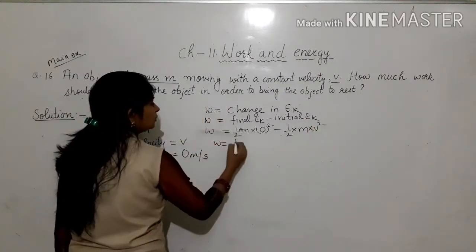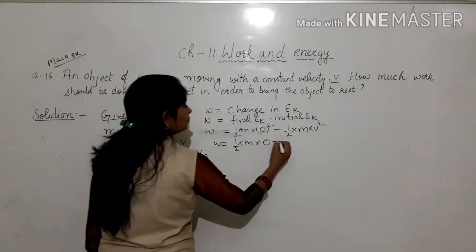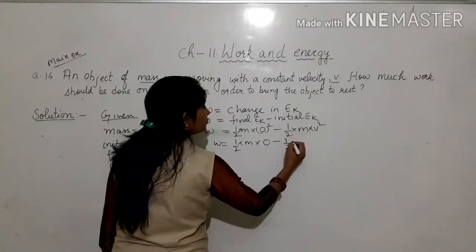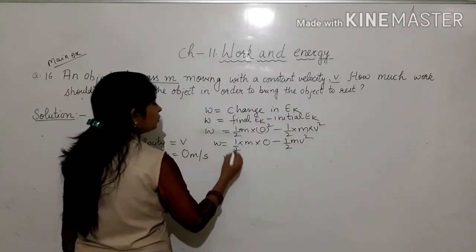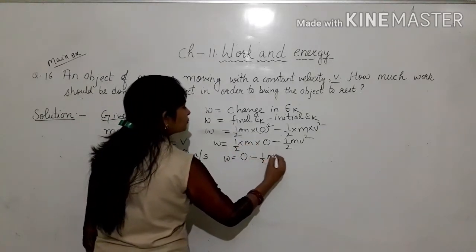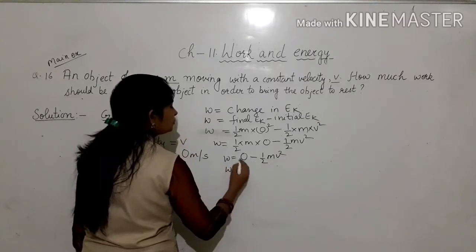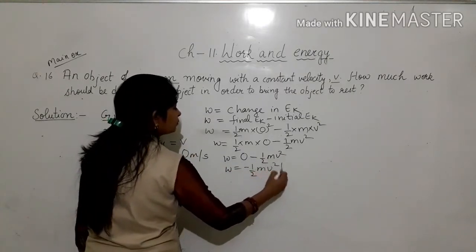W is equal to half into m into square of 0, minus half m v square. W is equal to half into m into 0, it's 0, minus half m v square. W is equal to 0 minus half m v square, it is minus half m v square.